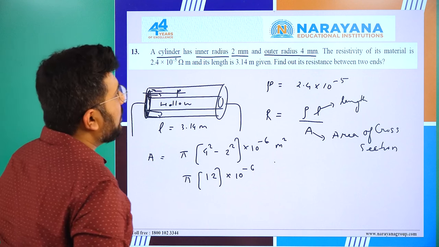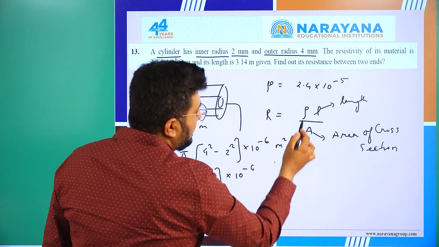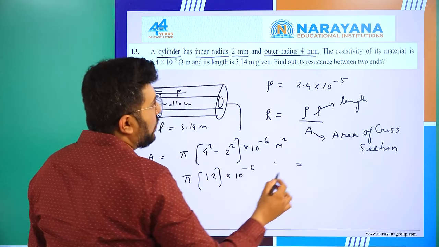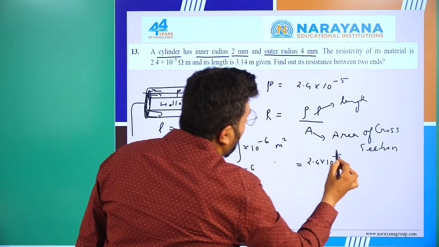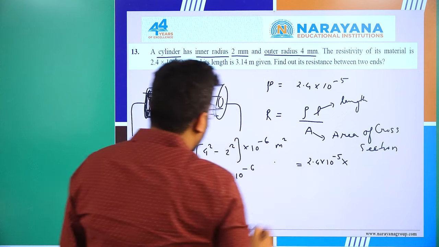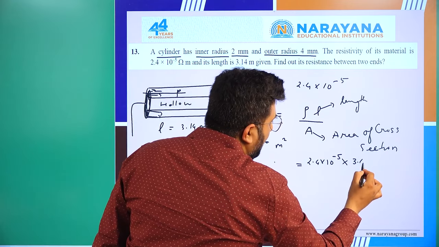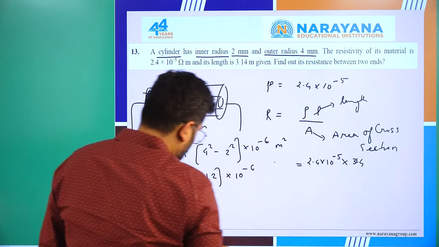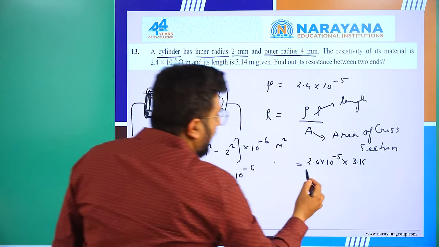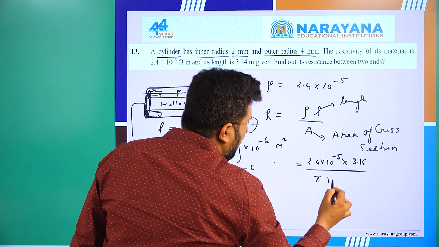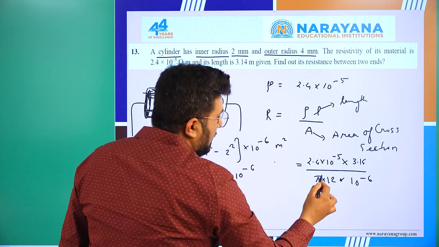Okay, so now what is the resistance? Rho is 2.4 into 10 raised to the power minus 5 multiplied by length, which is 3.14, which is also equal to pi, divided by pi into 12 into 10 raised to the power minus 6.